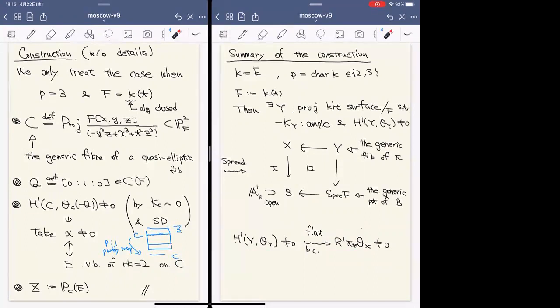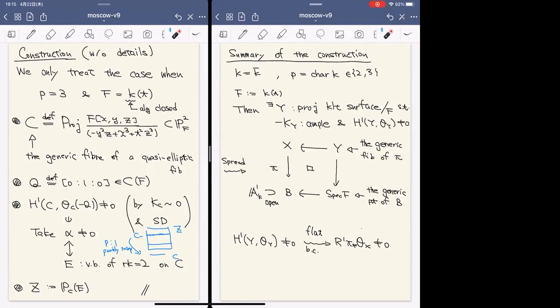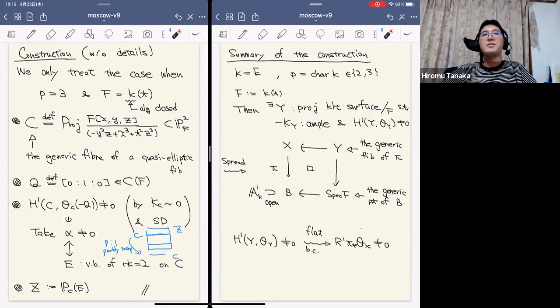And can you extend this counterexample to the case when B is proper? So far, I do not know. Yes, I do not know.